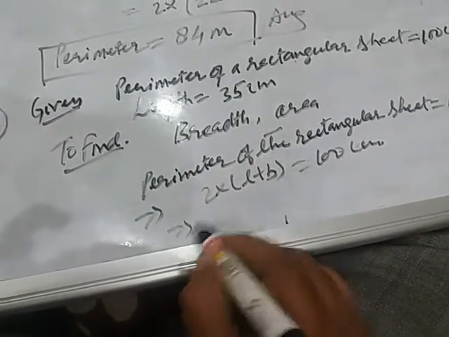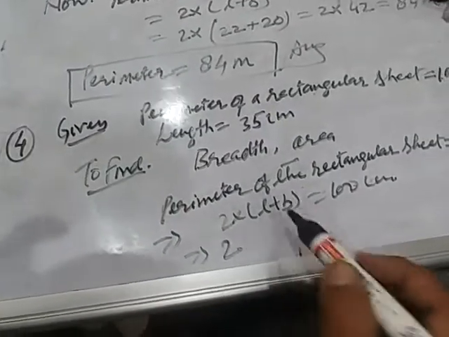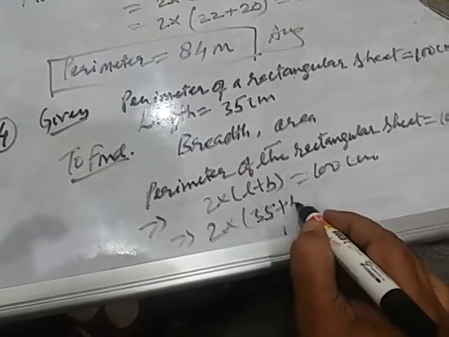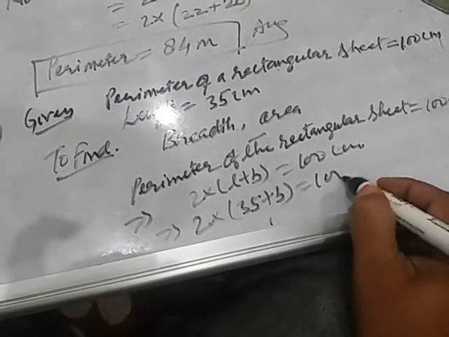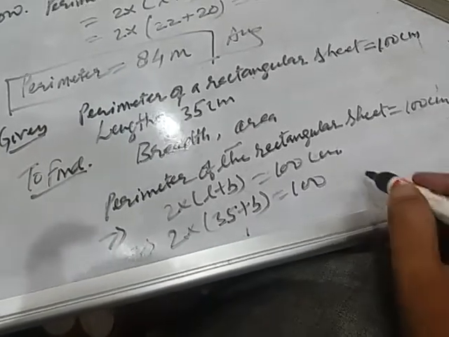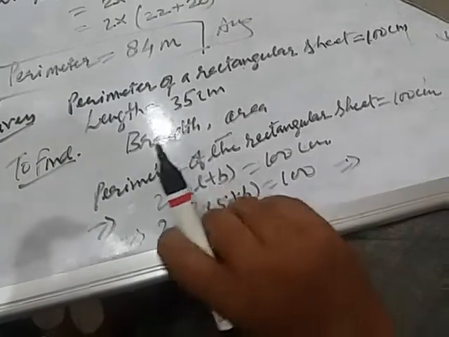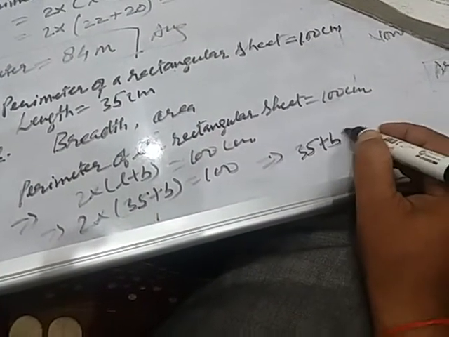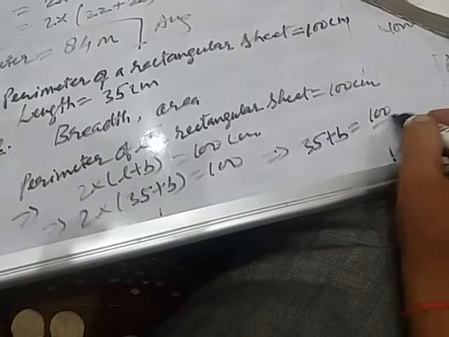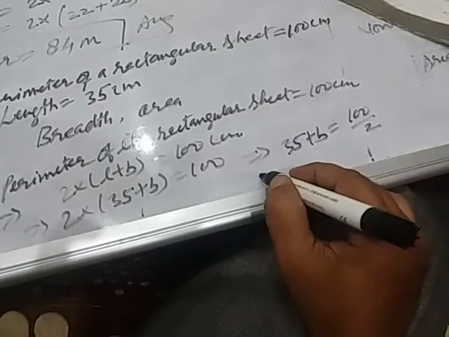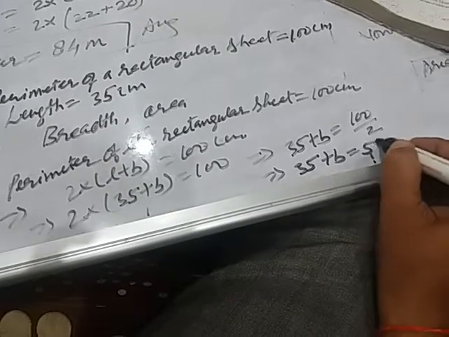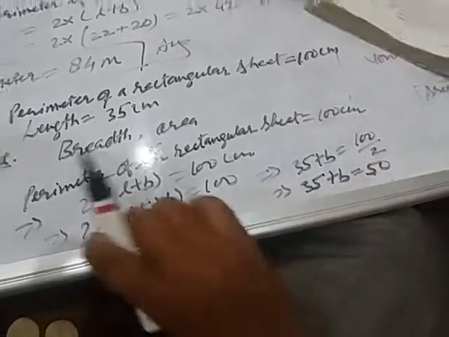Now this implies that 2 into length, which is given to be 35, plus breadth equal to 100. This implies that 35 plus breadth equal to 100 upon 2, that is 35 plus b equal to 50. Right, children?